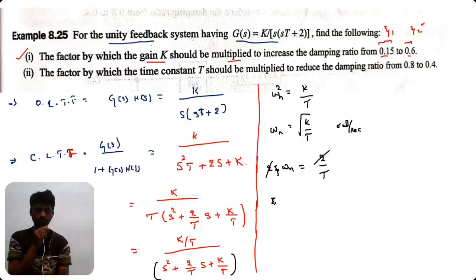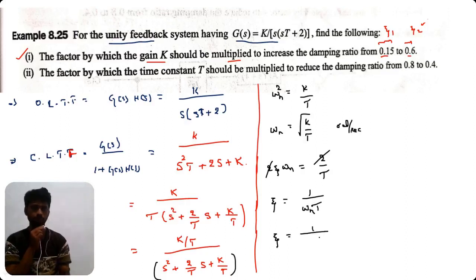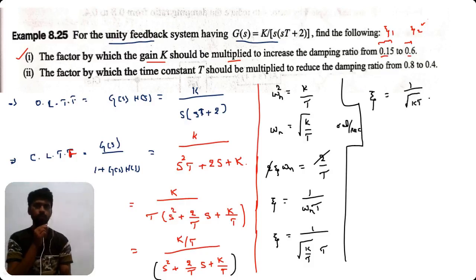Then zeta will be 1 by omega n into T. So zeta equals 1 by omega n, which is under root K by T, into T. If you simplify this, zeta value will be 1 by under root K into T. So let it be equation number 1.